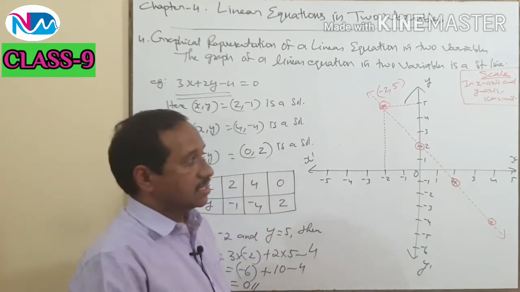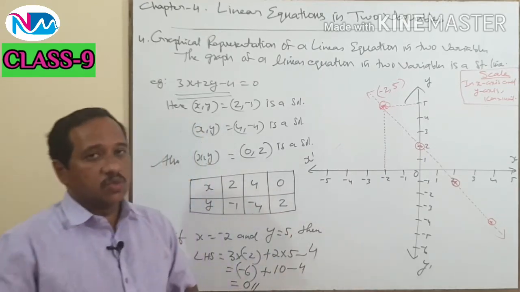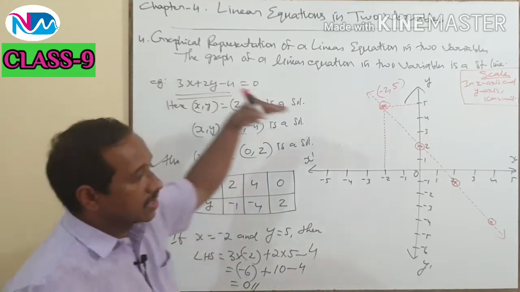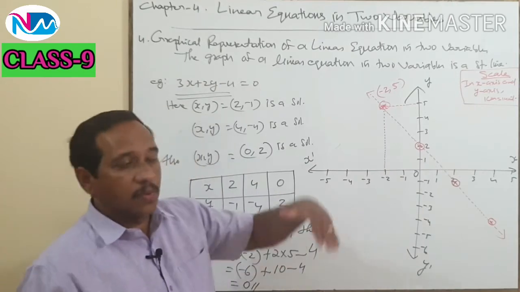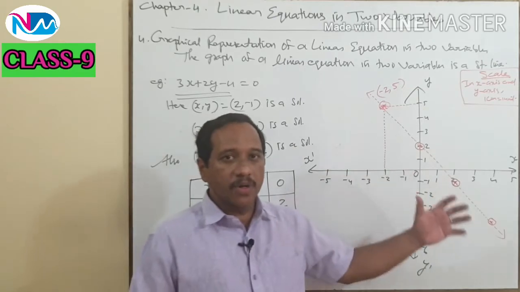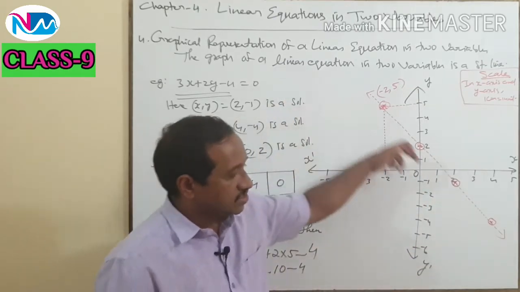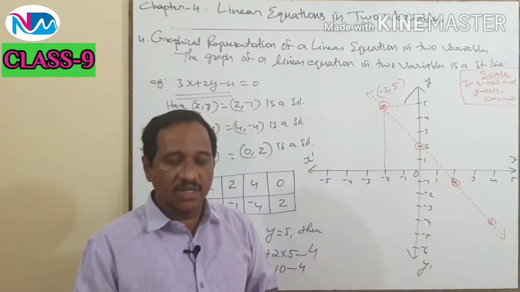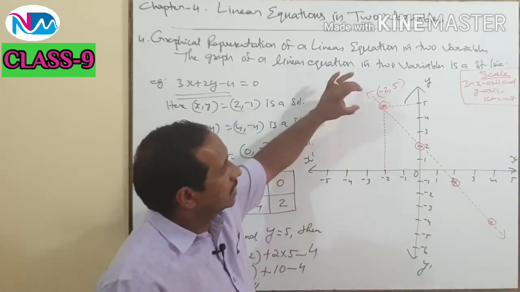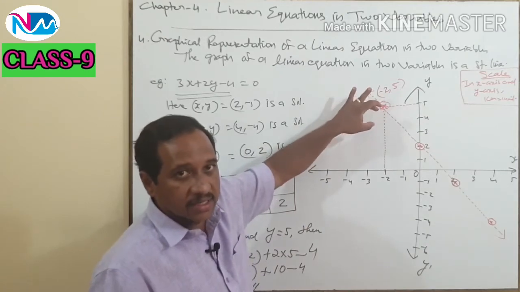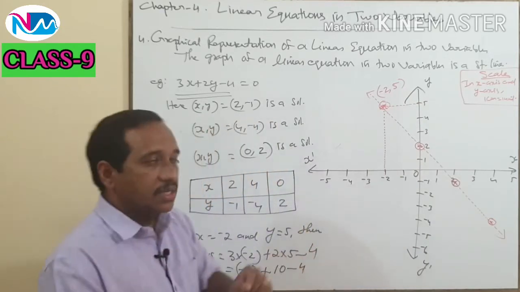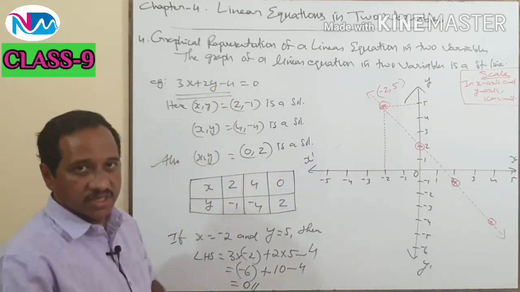So it means that for a linear equation in two variables, if you find a few solutions and plot them on a Cartesian plane, all the points will be in a straight line. Conversely, if you take any point on the graphical representation of a linear equation in two variables, graphical representation meaning a straight line, then the x coordinate and y coordinate of that point will be a solution of the linear equation in two variables.